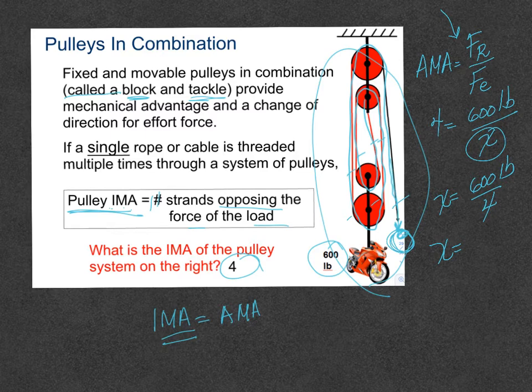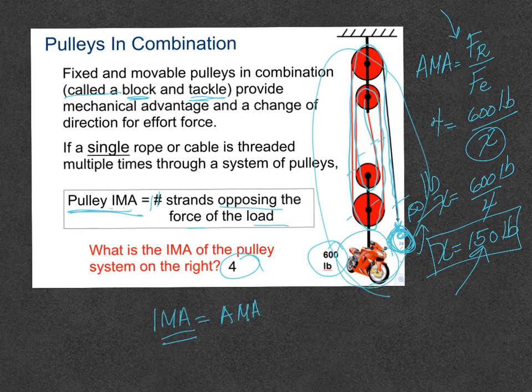And that's the purpose of using a simple machine: just to do more with less. Since over here you need 150 pounds to move this, you will be using less power and less energy when you use that pulley to move that bicycle. That's the whole point behind this.